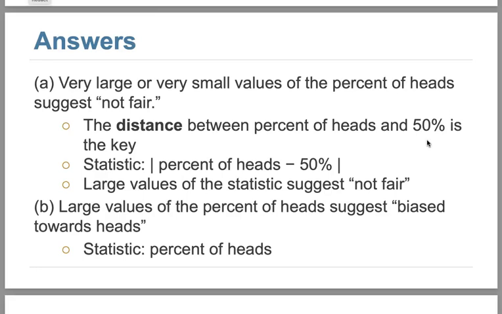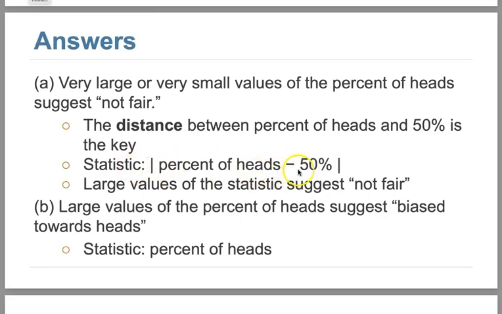So that's like the genetic example we have. The distance may be greater than 50%, or it may be less than 50%. So the statistic will be the percentage of heads subtracted from 50%, and we take the absolute value. Then you just see whether the observed result gives a large value of the statistic.